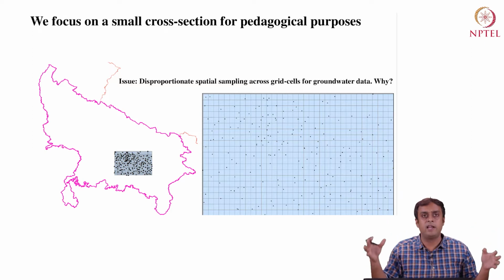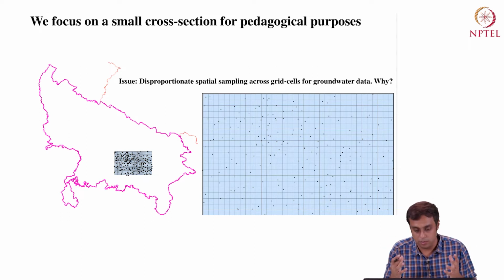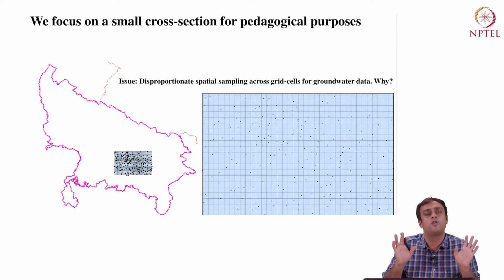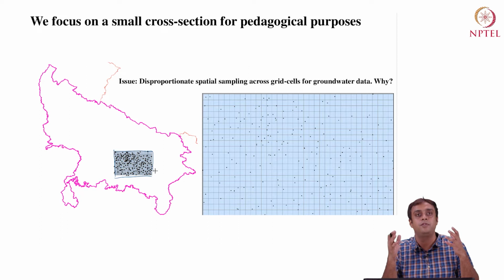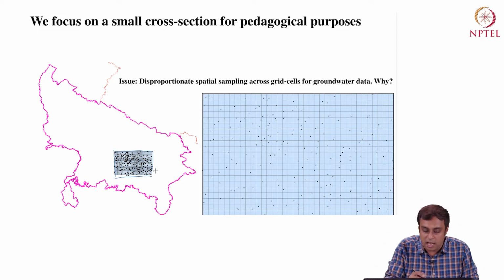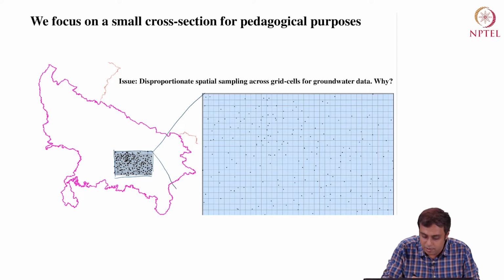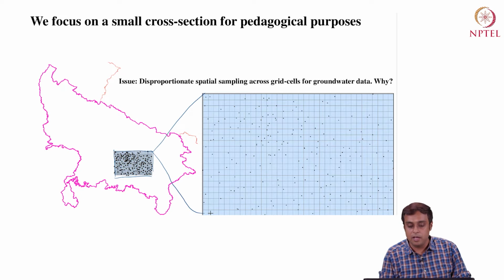We will not look at the entire state because it will be a lot of data and hard to bring together for pedagogical purposes. So we'll focus on a small cross section in near central to eastern Uttar Pradesh. I've shown you a zoomed in version of this little cross section, and we observe a few things.